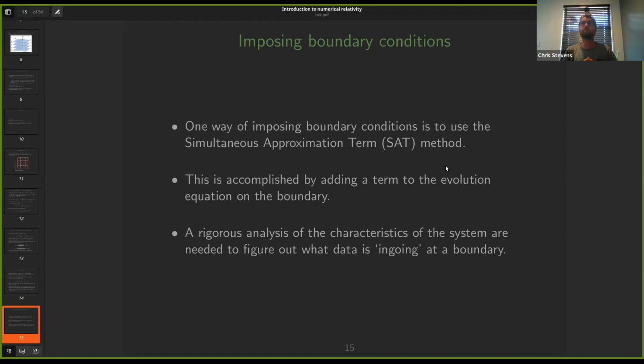And that allows you to say, well, okay, these are the decoupled modes. These three are going in, or, you know, these are the directions of these three, and so on. That allows you to figure out what data is flowing in at a particular boundary, and that tells you that you need to specify conditions for those.